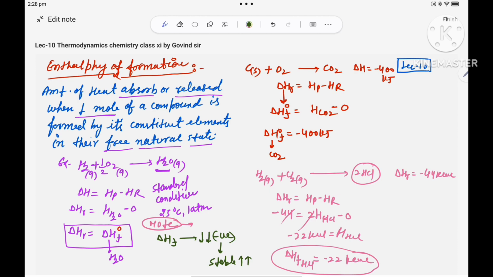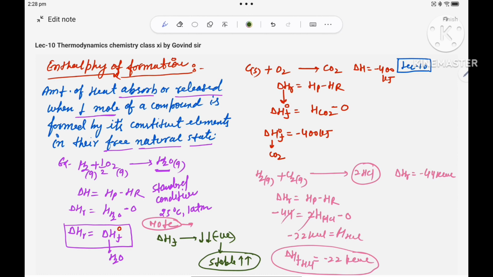The one with more negative enthalpy of formation will be more stable. Why? Because it is releasing more energy, and only if the system has less energy will that be the stable state.